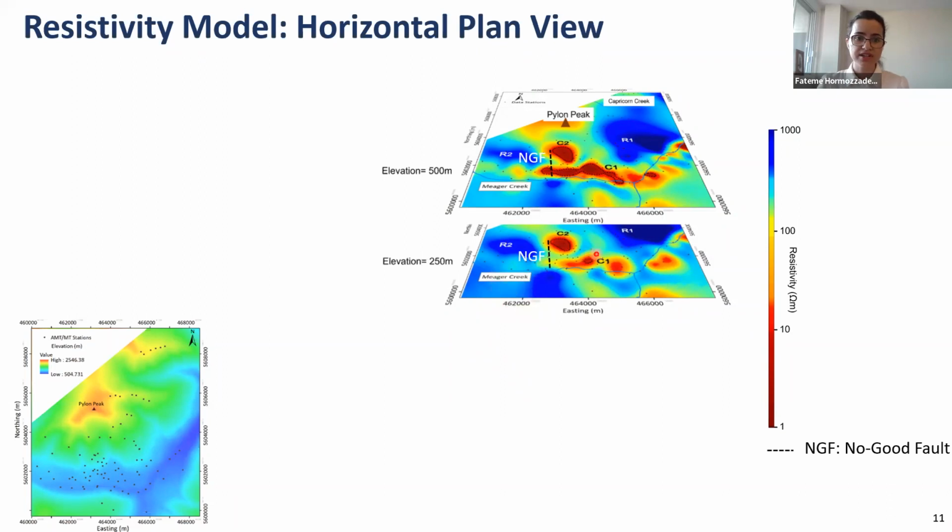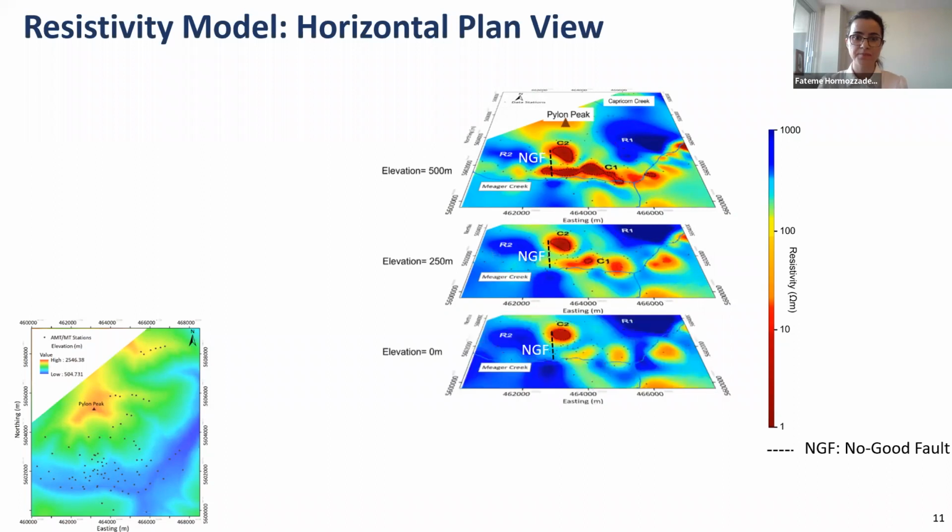And we have also the R1 and R2 resistor features, which I showed here, which will be talked about in the next few slides. So the C2 anomaly still exists. And as we go deeper, we can see that it is going to the northern part of the Nogood fault. But C1 disappears at this elevation of zero sea level.